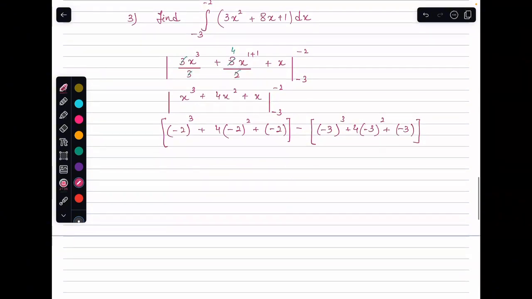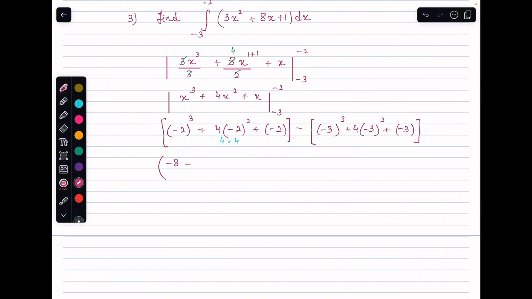So negative 2 the whole cube, that would give me a negative 8. Negative 2 the whole square gives me a 4, and 4 times 4 shall give me a 16 here. So basically I'm saying it's 4 times 4, that should be a 16.